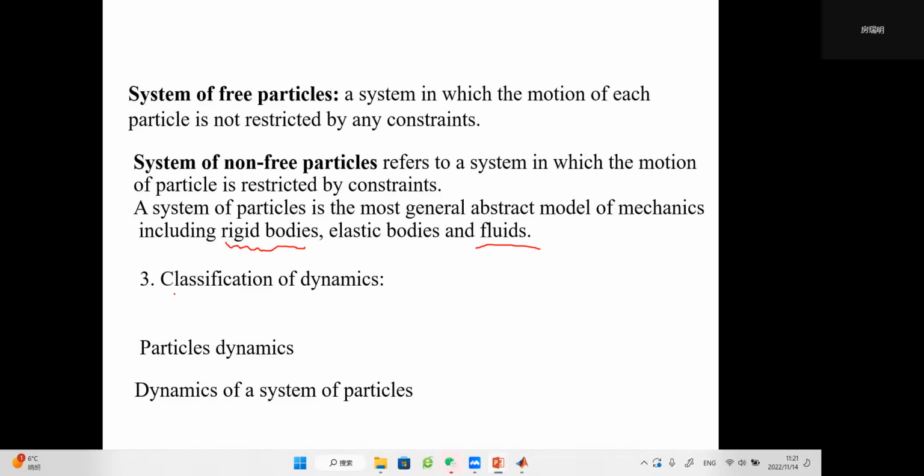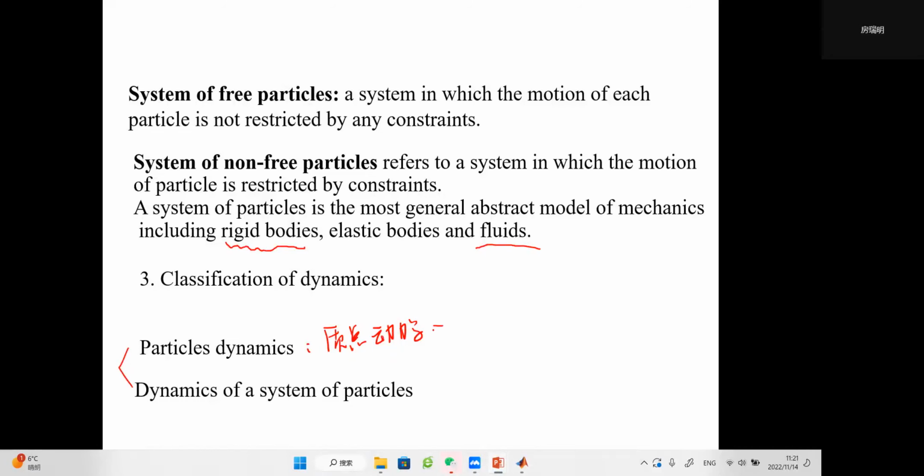And let's see the classification of dynamics. One is particle dynamics, we call that 质点动力学. So you guys can try to think about the logic of this whole dynamics, because we will start by learning particle dynamics.